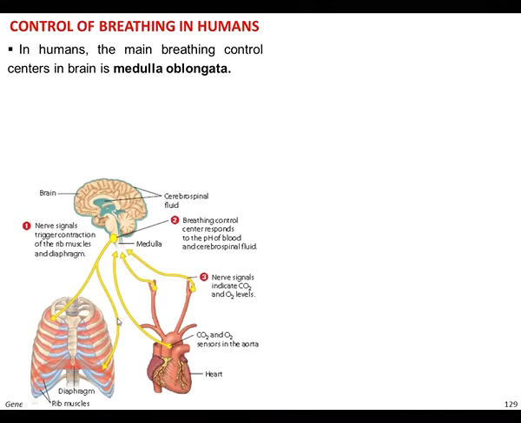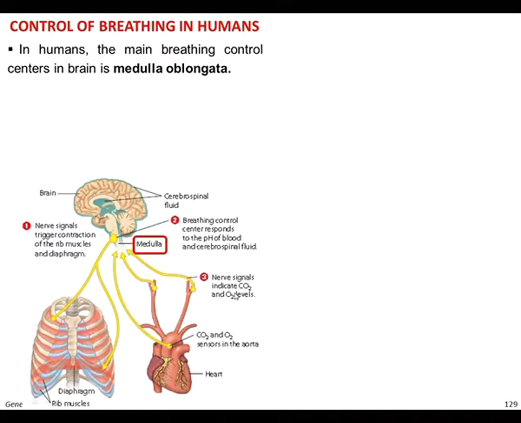The breathing is also affected by nerve signals coming from regions of the heart and sensors on the aorta, which send signals to the breathing control center to indicate the carbon dioxide and oxygen levels in the blood.